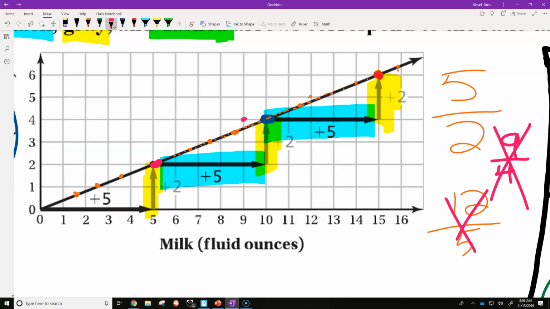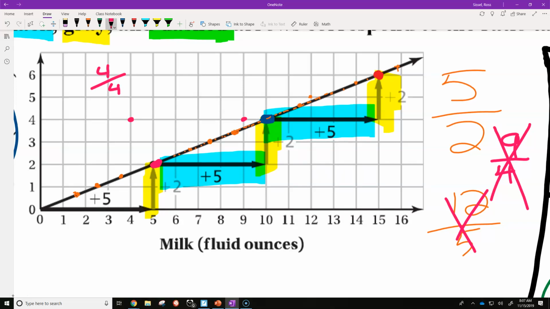Let's do 3. Any ratio that's not equivalent that we can prove according to this graph. Caleb? 4. So 4. Yeah, that's not equivalent. It is not on the line.